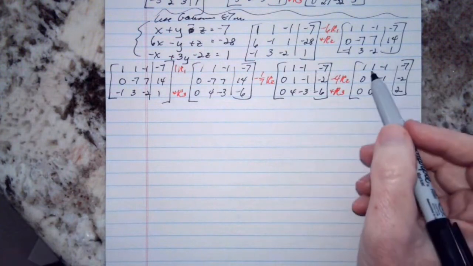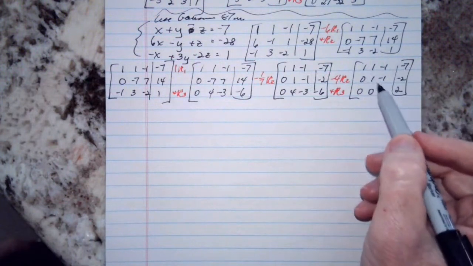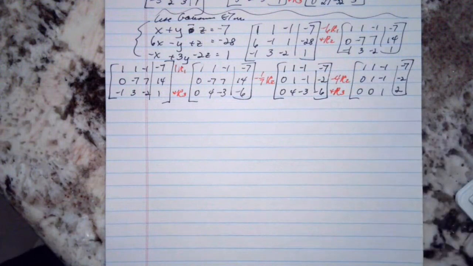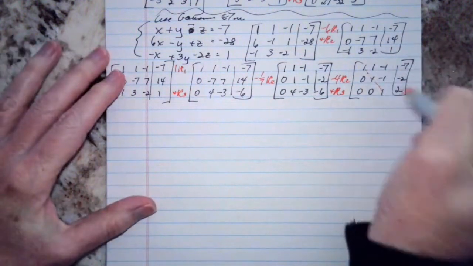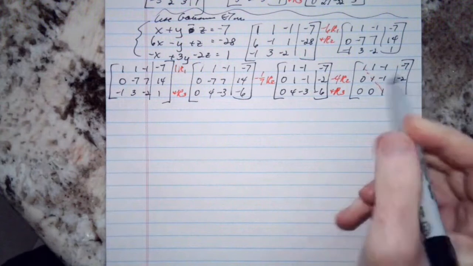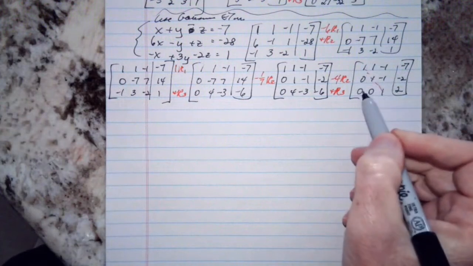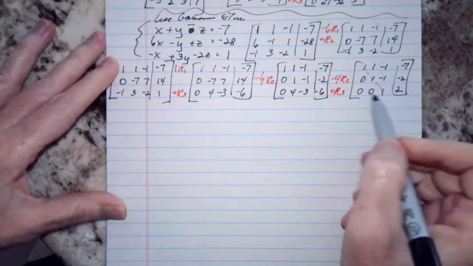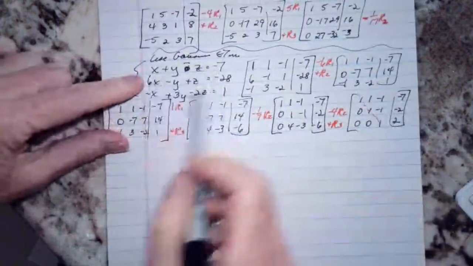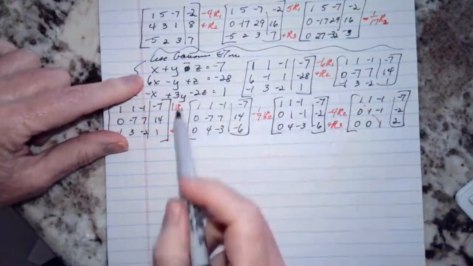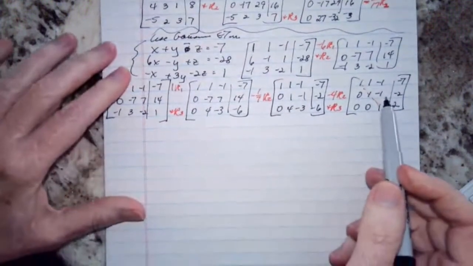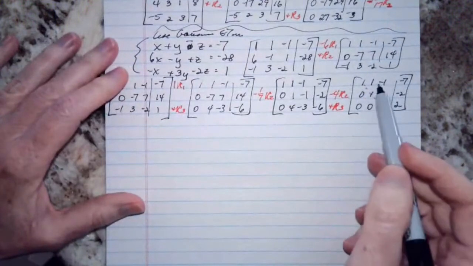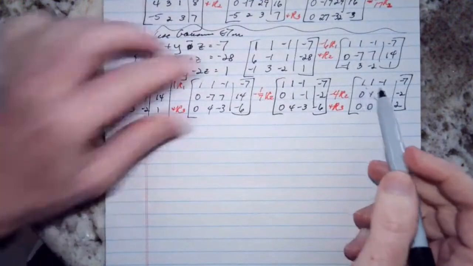Okay, let's look at what we've got here. Our goal is to get 1s on the diagonal, and we've got 1s on the diagonal right there. So we're done with this. We've got 1s here. We've got 0s here. Let's translate this back from augmented matrices into XYZ form.